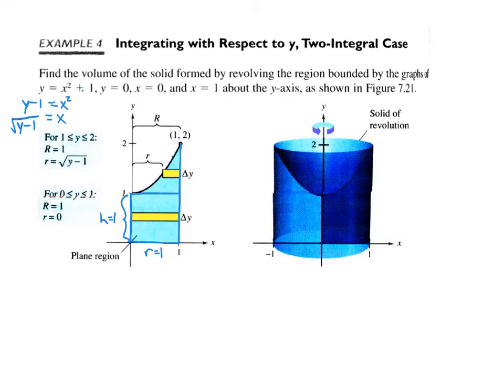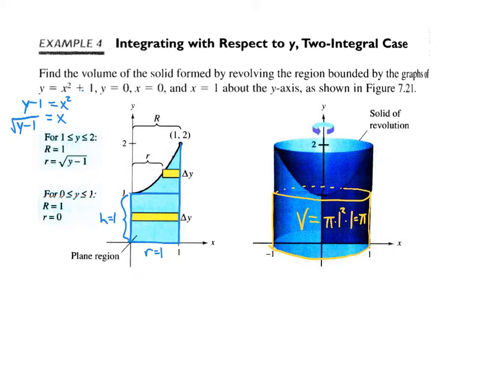So this bottom portion, this bottom cylinder right here is going to have a volume of pi r squared h. Okay? Pi times 1 squared times 1. So the volume of that whole bottom part is just pi.